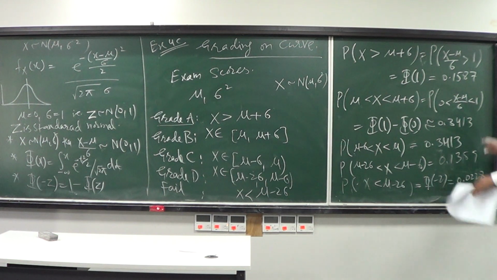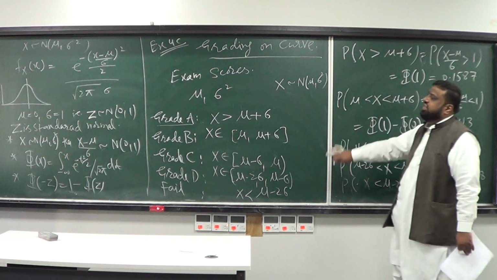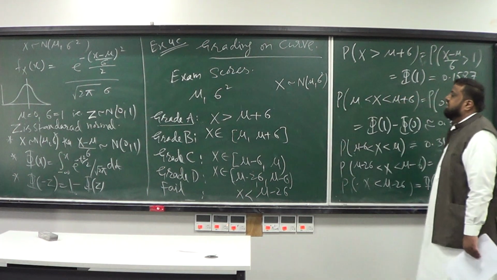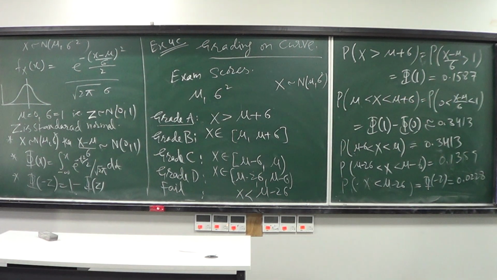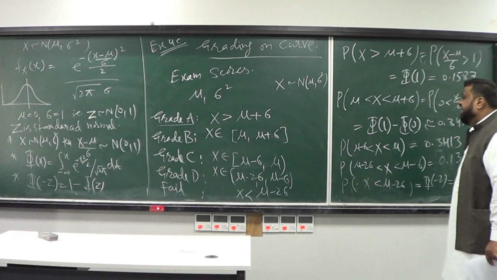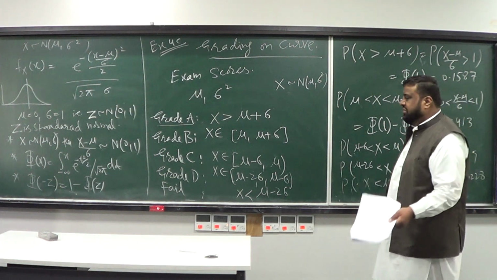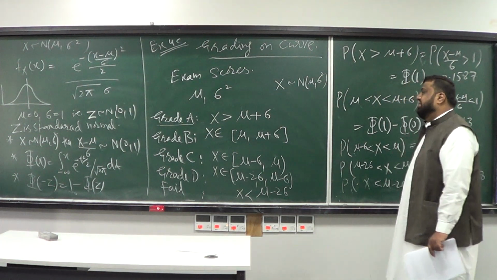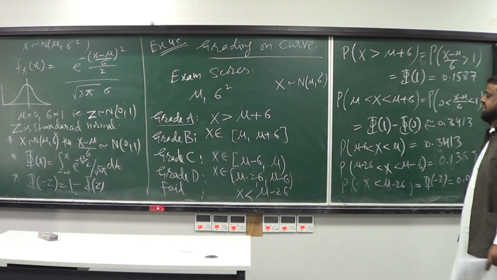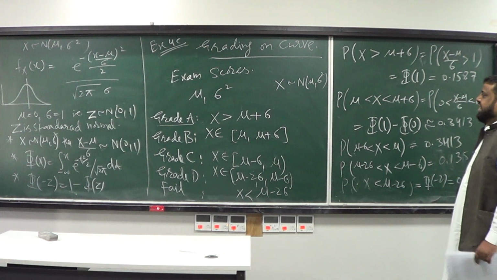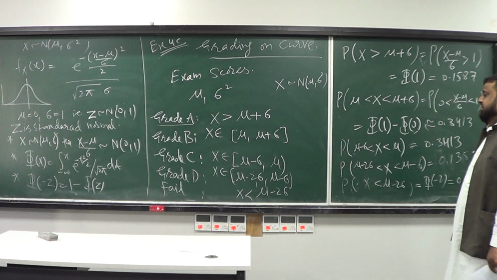So this grading strategy based on the normal distribution is called grading on the curve. When you are, for example, taking exams while teaching in your schools and colleges, you can adopt this strategy.